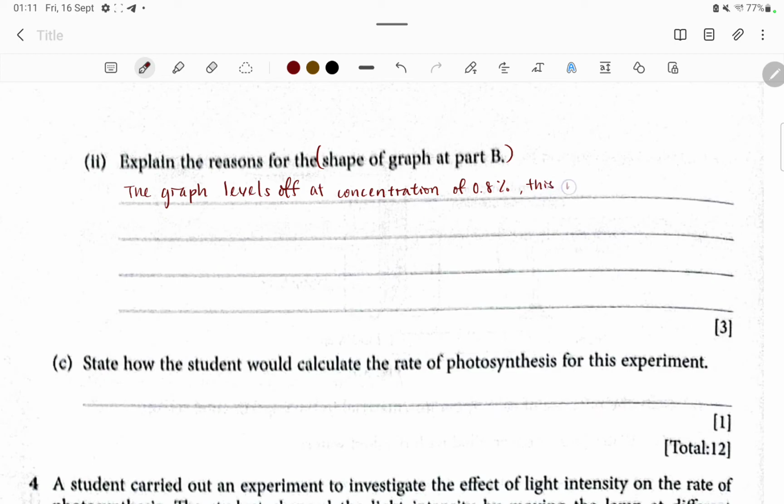This means that concentration of carbon dioxide is no longer the limiting factor.